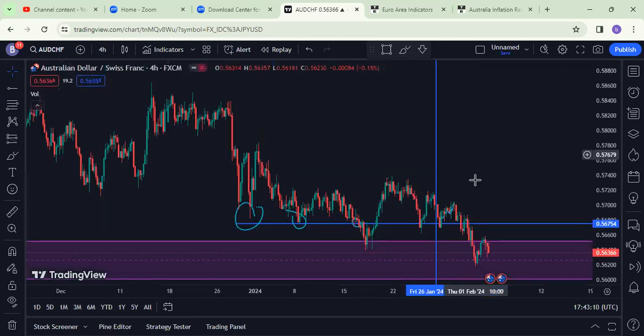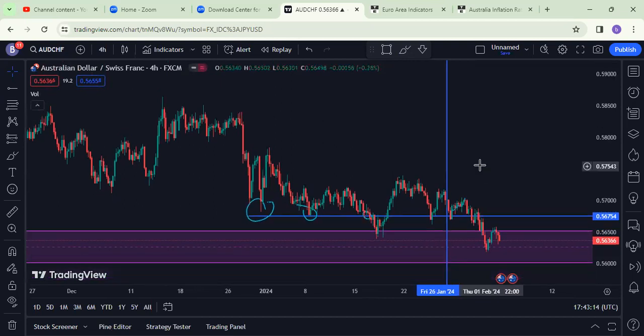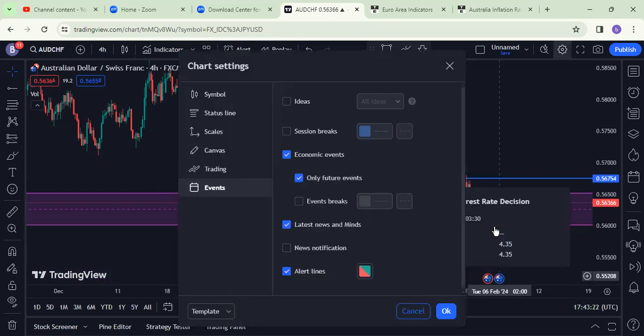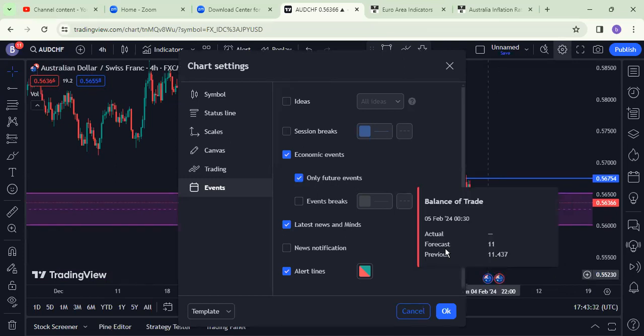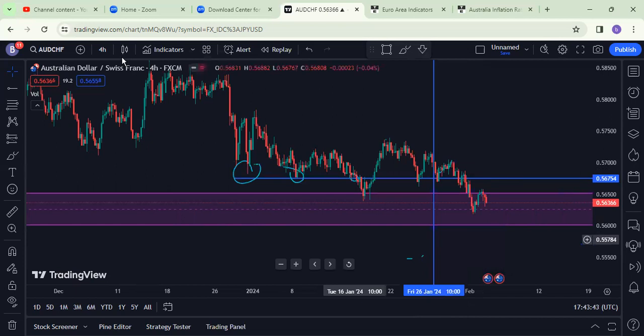Obviously, we will be looking at the data as we are going to have an interest rate decision on Tuesday, I think, on the 6th of February, and then we are going to have balance of trade on the 5th, right? So in 2 days time we're having balance of trade, and now this is how we are looking at this chart going forward, right?